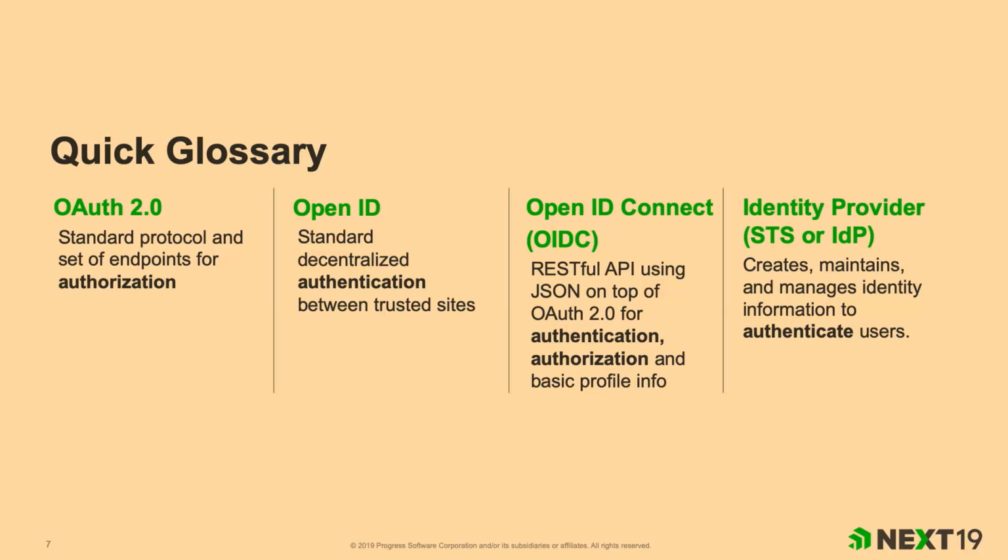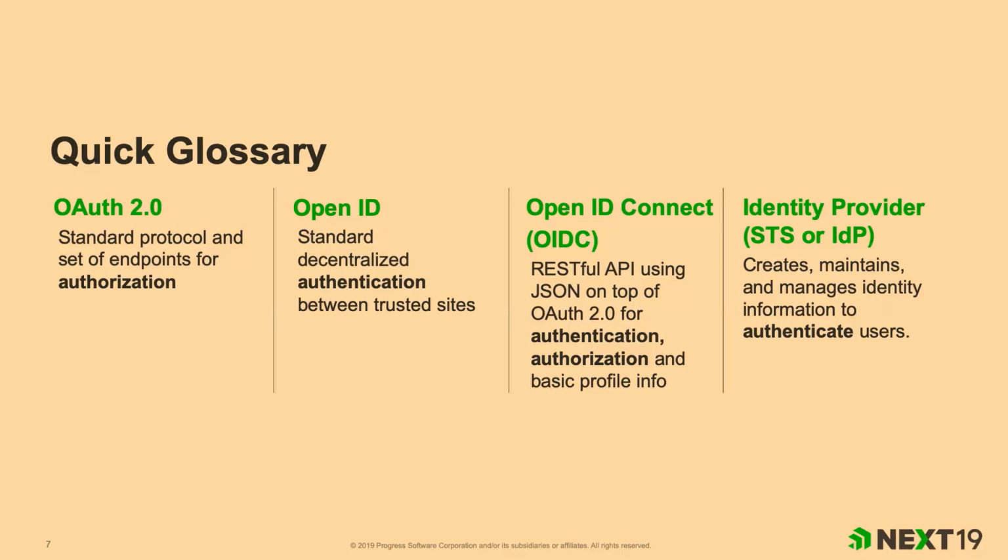And then comes OpenID, which allows decentralized authentication across different providers. So you can delegate to a trusted party the authentication of the user, and then you do authorization, or you can delegate that as well. And then comes OpenID Connect.